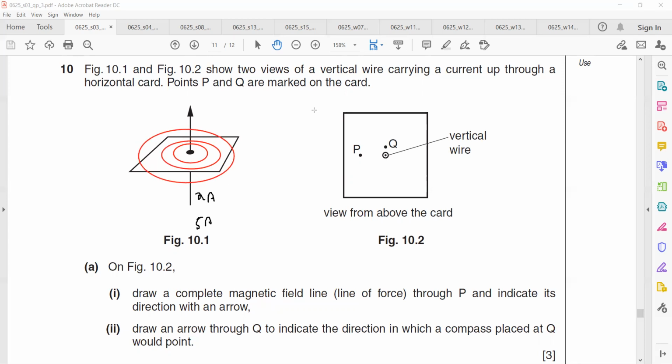If I am passing a greater amount of current, will there be a change in the compass needle deflection or the direction in which it is pointing? So there will be no change or no effect.